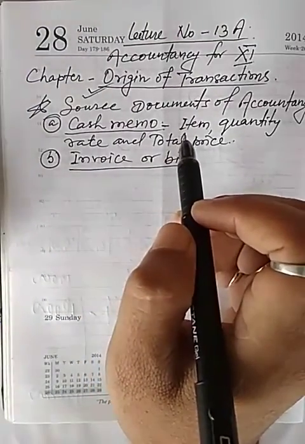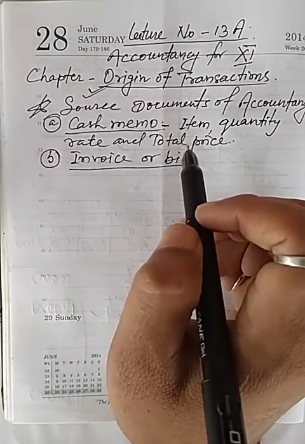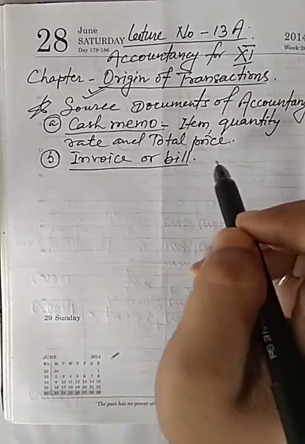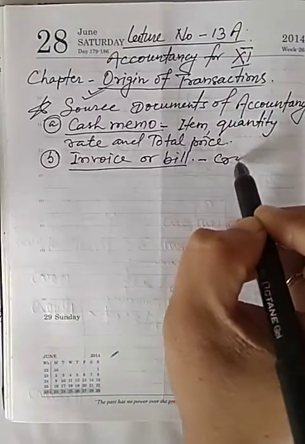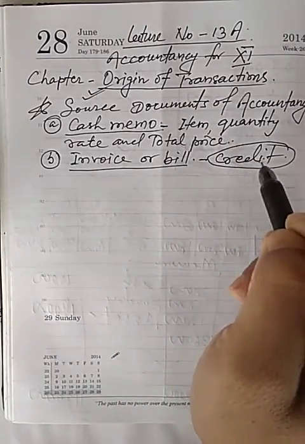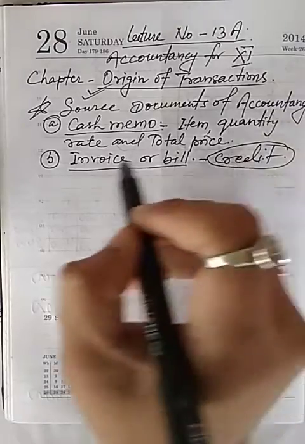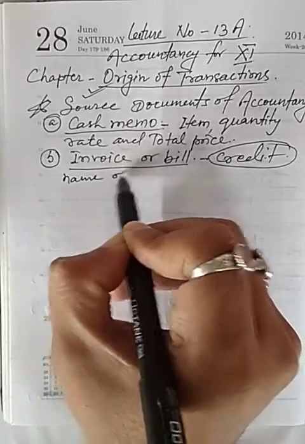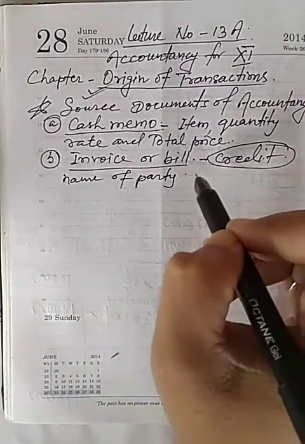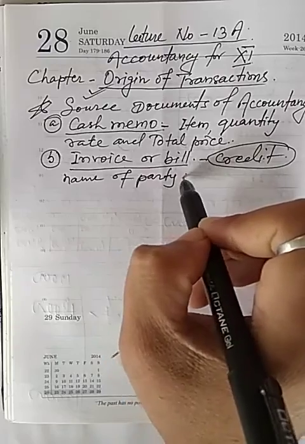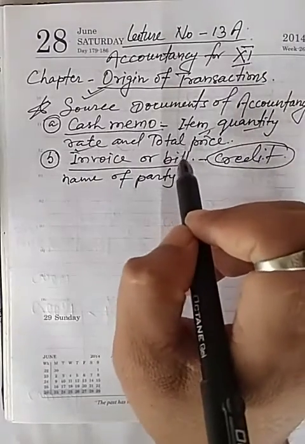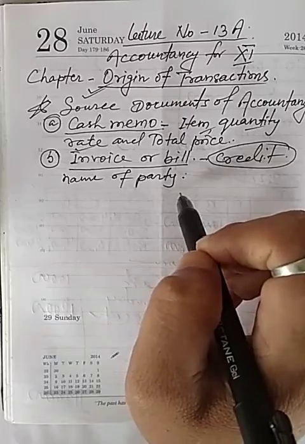When a trader sells goods on credit, he prepares a sale invoice, which contains the name of the party to whom goods are sold, the rate, item, quantity, and total amount of sale.